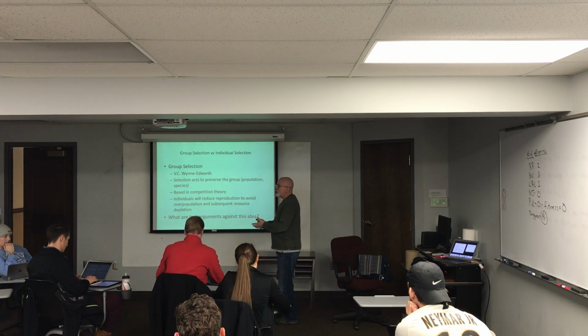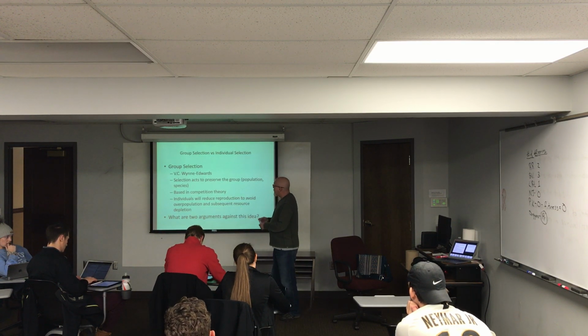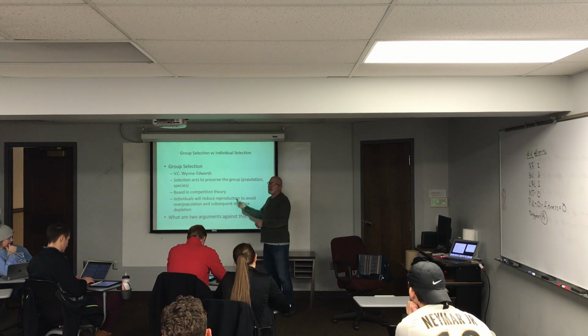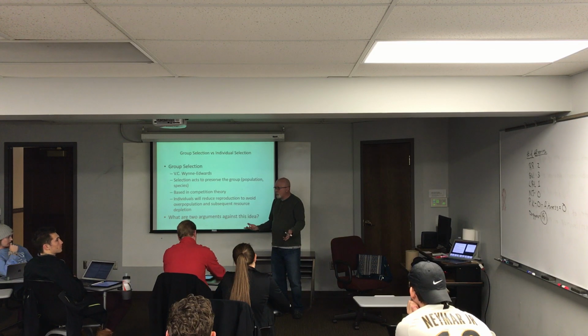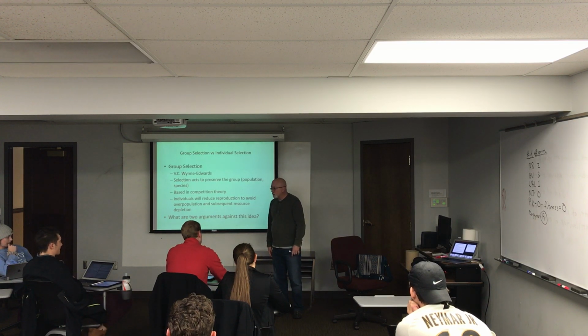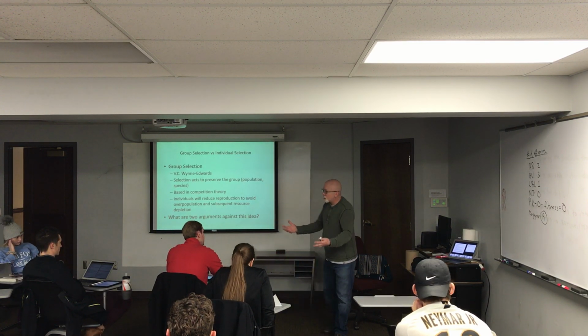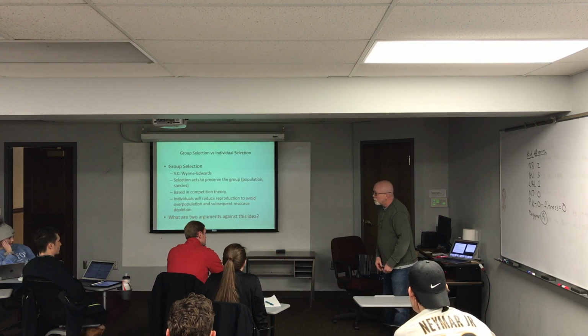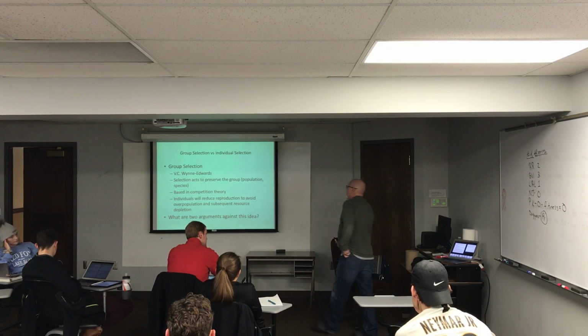If you have a gene as an individual that allows you to put more offspring into the next generation, and everybody else in your population is regulating their reproductive output, which genes are gonna get into the next generation? Which genes are gonna make a higher proportion of the next generation? The highly reproductive genes.